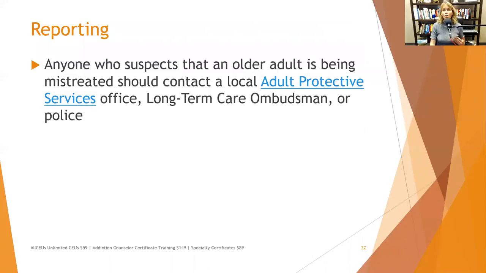And work with your local state's attorney's office. If you're having trouble getting APS to take reports and do anything on things, consult with either the supervisors there or the state's attorney's office to find out what it is that you need. Because I can see that there's a big problem here, and I understand that if the person says that there's no problem, there's not much you can do.